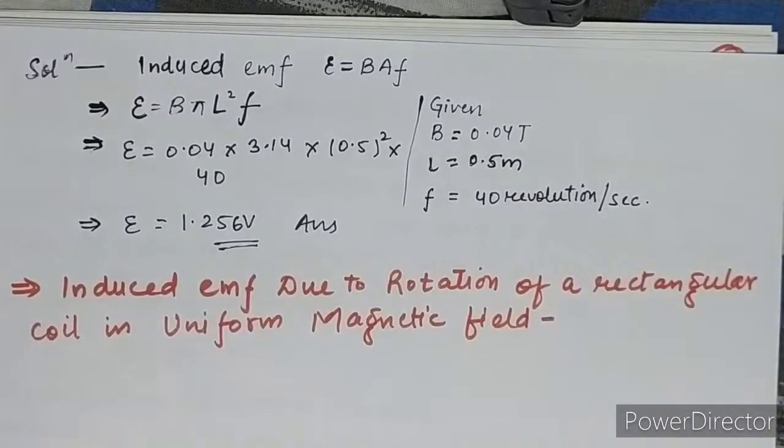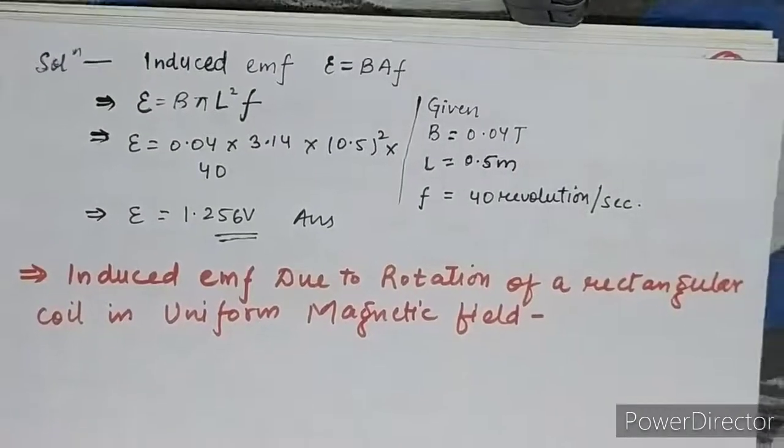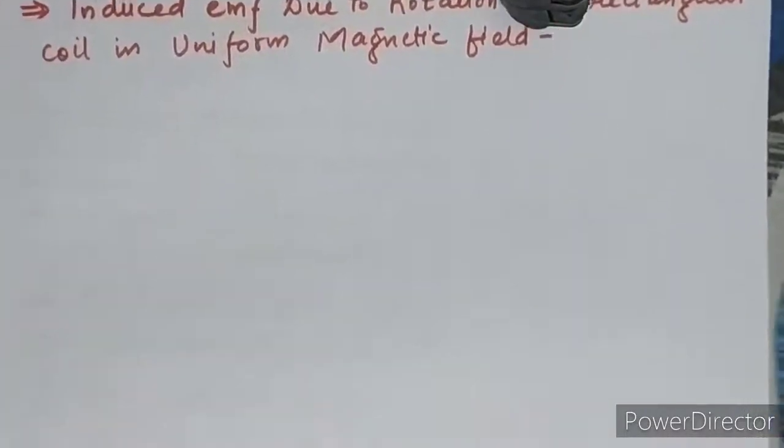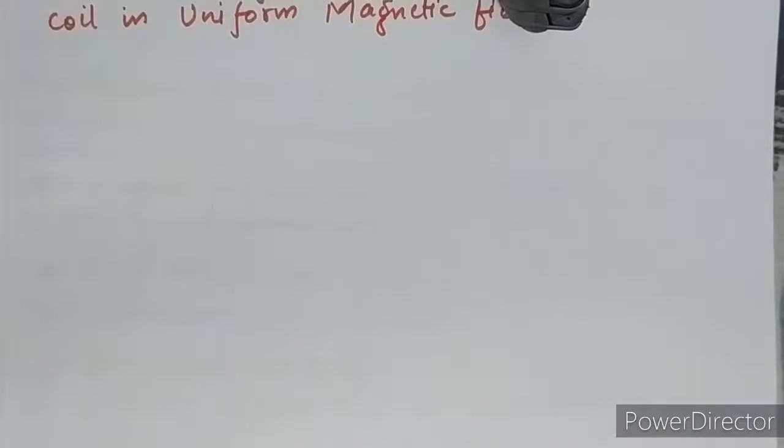Okay, so in the uniform magnetic field we are having a rectangular coil which is rotating, and for that we have to calculate the value of induced EMF.